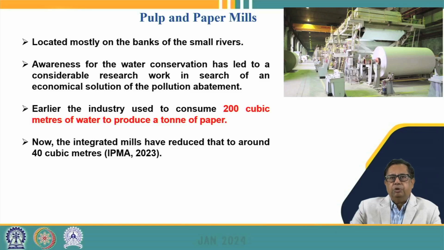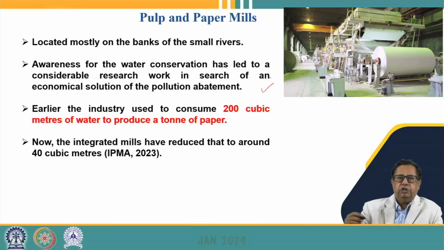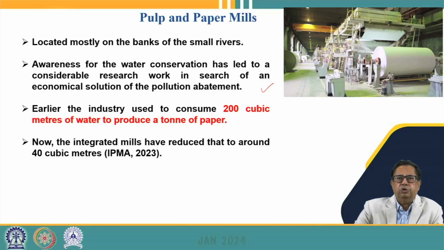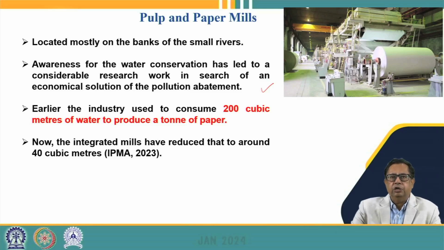So as we have talked about, it is a highly water intensive process. So generally the industries, that is the pulp and paper mills, are located near the banks of small rivers. And because a lot of awareness has come for the conservation of water, and a lot of research is also being done for finding out economical solutions for recycling and treating the water, so that the water can be reused and we can conserve the water, that has led to a reduction in the utilization of water.